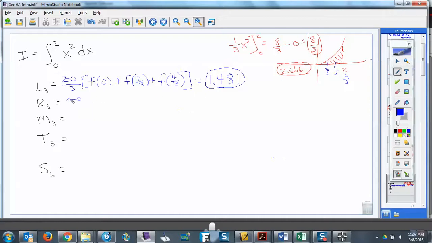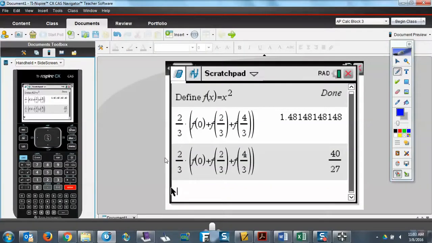Next one. 2 minus 0 over 3. What's going to be different here? F of 2/3 plus F of 4/3 plus F of 6/3 or just 2. Right? So on our quiz next week, this is where the rule will be.